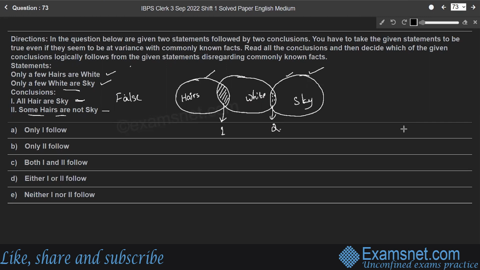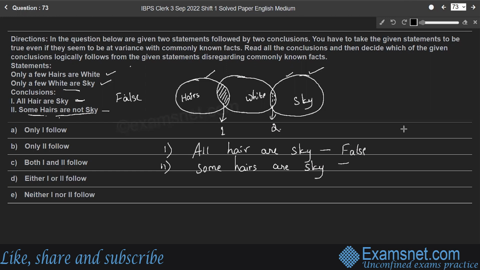The second conclusion is written as some hairs are not sky, but I'll write it as some hairs are sky. So conclusion 2 can be written as some hairs are sky, whereas conclusion 1 can be written as all hair are sky. Here, all hair are sky is a false conclusion.